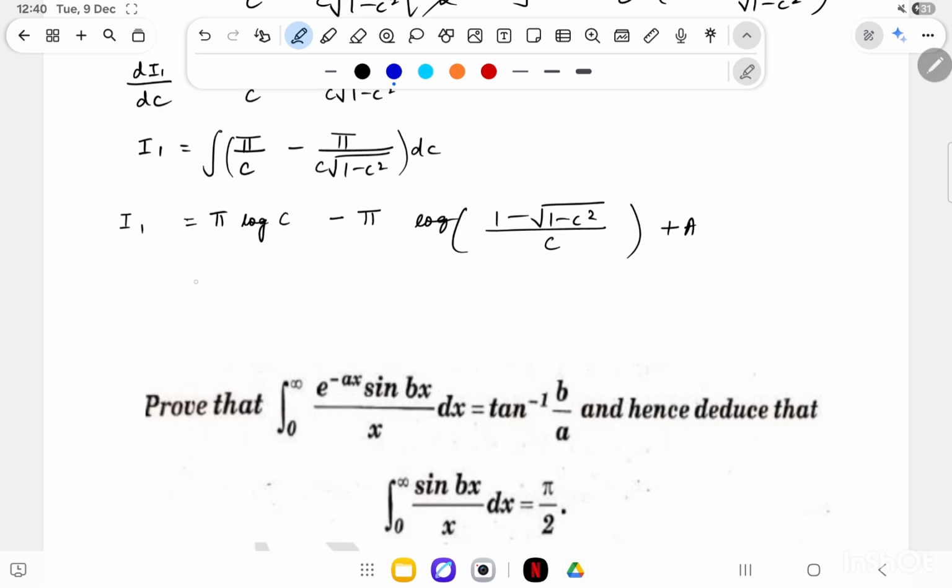Now from here also, if I simplify it, it will be equal to π log c square divided by 1 minus square root of 1 minus c square, plus a.